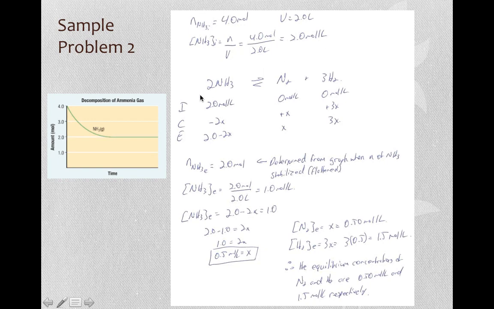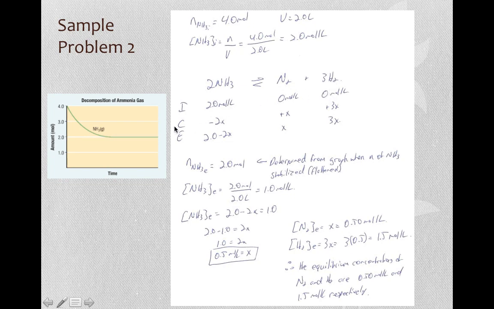So we're setting up our ice table. We have 2NH3 undergoing an equilibrium reaction to yield N2 and 3H2. We're writing out I, C, and E, where I stands for our initial concentration. Initially, we have 2 moles per liter of NH3, and we have none of our products, so 0 moles per liter of N2 and 0 moles per liter of H2.